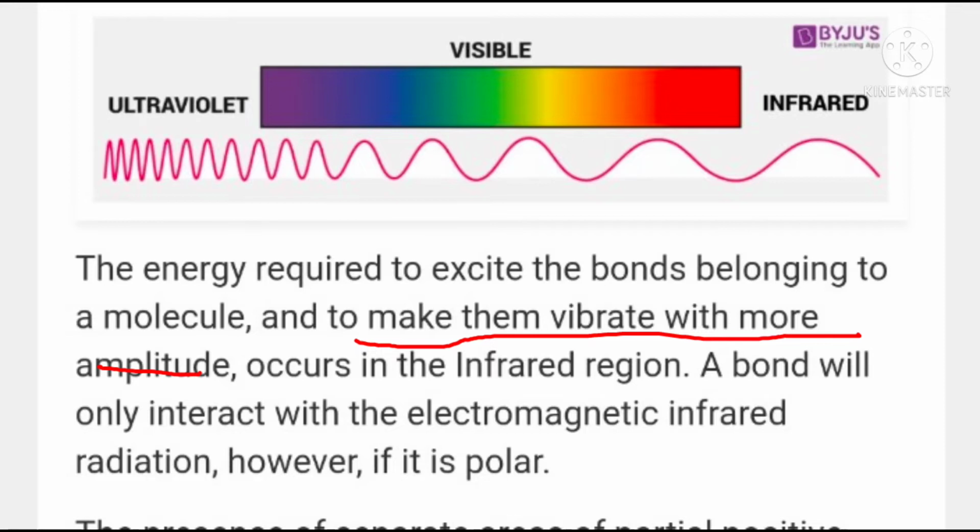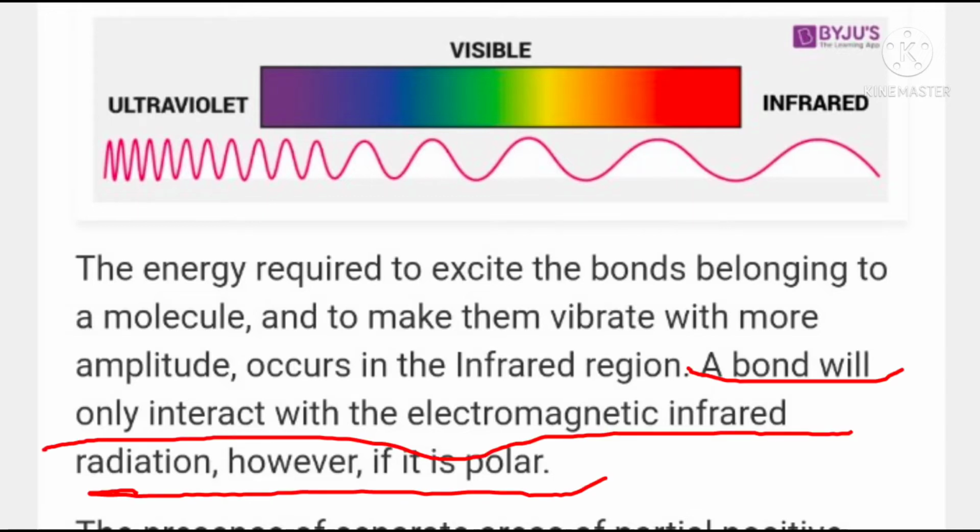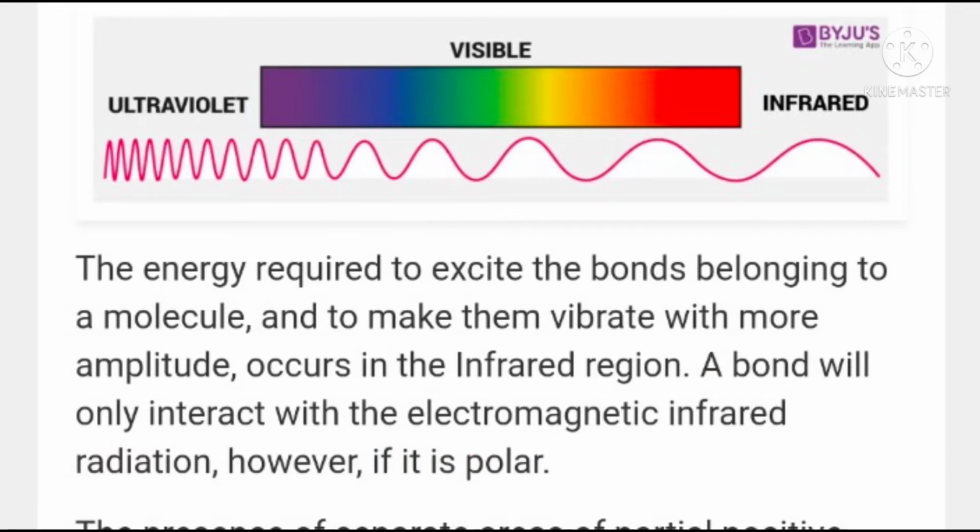Then energy is given, then there is a vibration. Polar means they have plus and minus charge, and when the bond interacts there is a polar bond, meaning plus and negative charge.